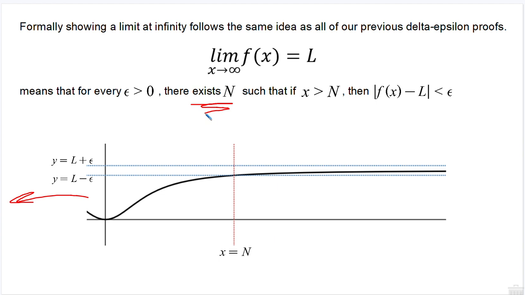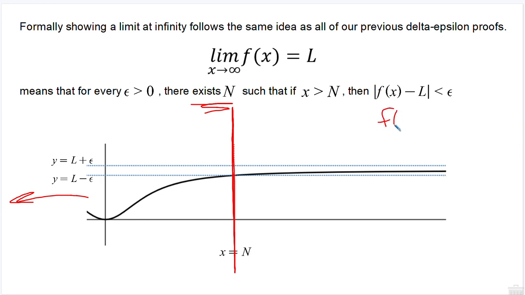So for every epsilon greater than 0, there exists a value n such that if x is greater than n, so there's some cutoff point here called n, for all x's to the right of n, our function minus the limit is always less than epsilon.